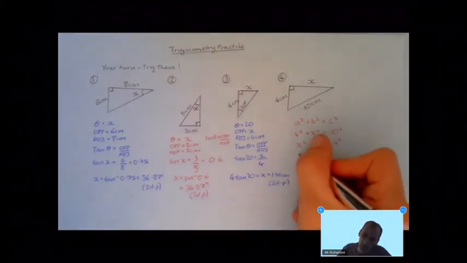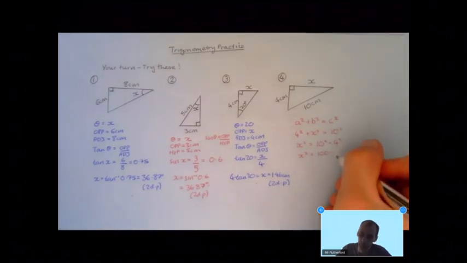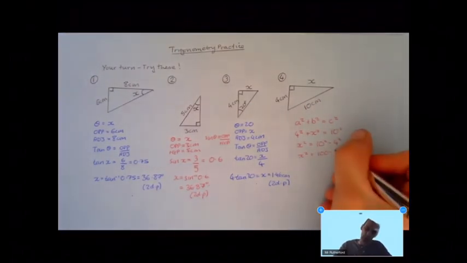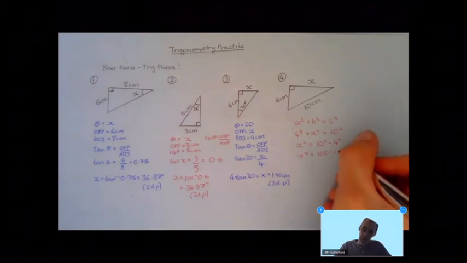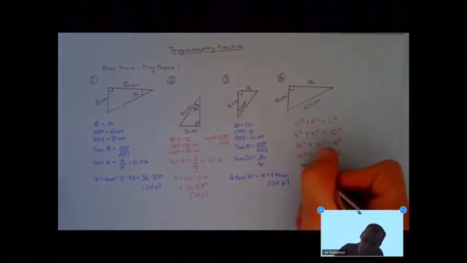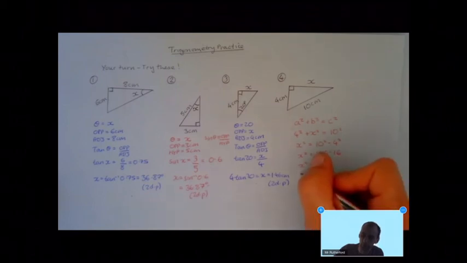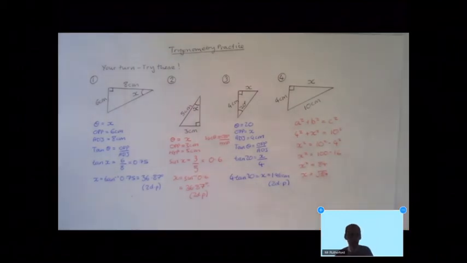Okay, so we end up with x squared being equal to 100, take away 16. So we end up with x squared equals 84. So x is going to be equal to the square root of 84.